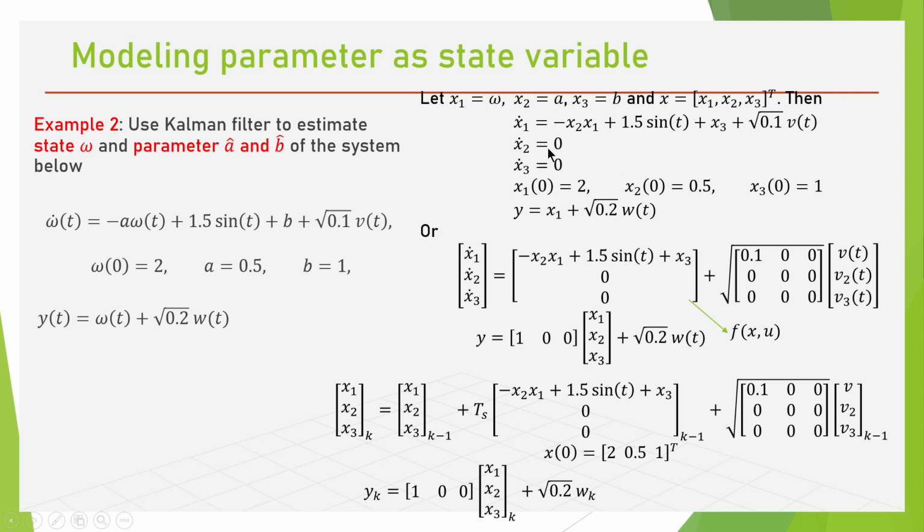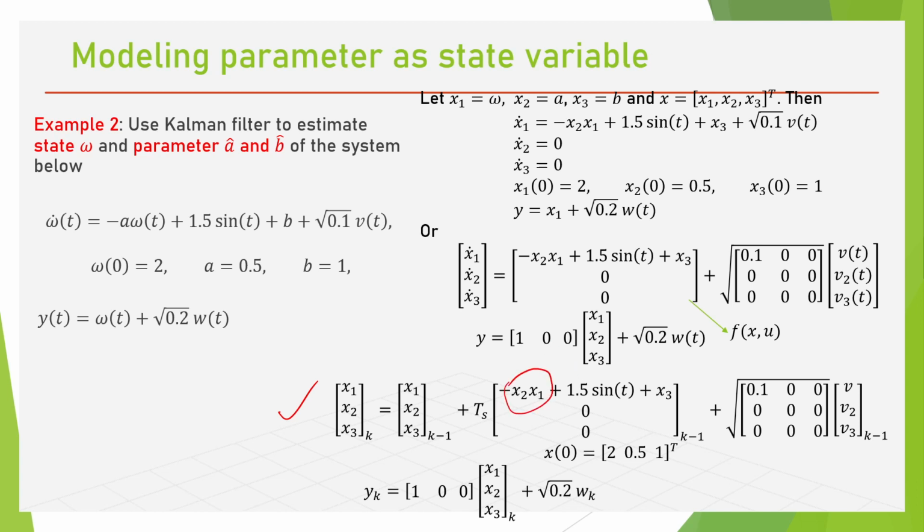Because A is constant, h2 dot, meaning A dot, is 0, and h3 dot is 0. So A here is h2, and h3 appears here like this. So it becomes a third order differential equation. Then we have the standard discrete model like this one, but we have 3 states, and because of this term it becomes nonlinear.